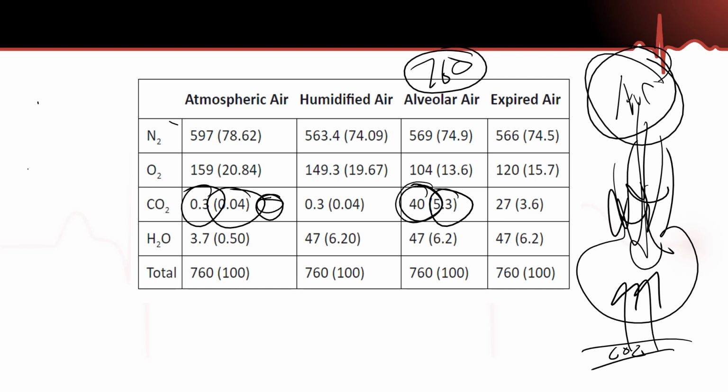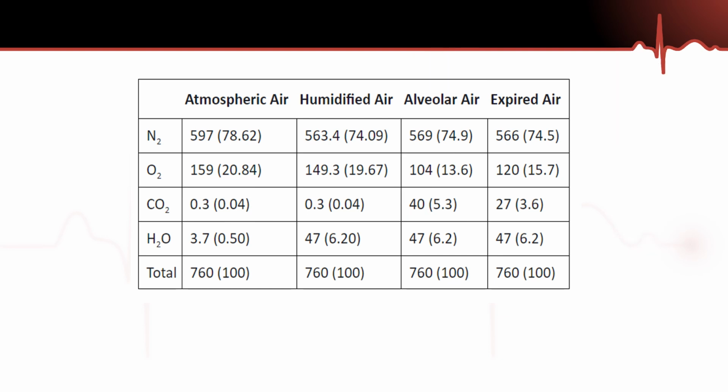And ultimately, all of this leads us to the question of what's the partial pressure of oxygen within the air in the alveoli? The answer is that the partial pressure of oxygen within the air in the alveoli is significantly less than the partial pressure of oxygen within atmospheric air. Well, why is that? Look at atmospheric air.